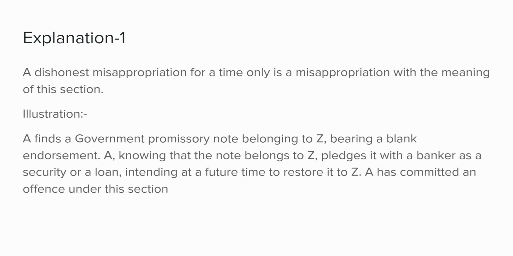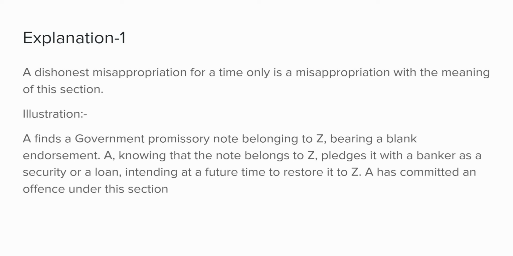Then there are two explanations. First explanation: a dishonest misappropriation for a time only is a misappropriation within the meaning of this section. For example, A finds a government promissory note belonging to Z bearing a blank endorsement. A finds a government promissory note that belongs to Z on a road.